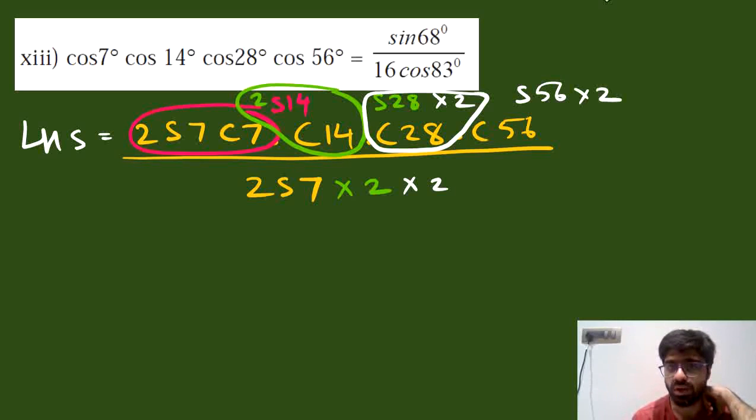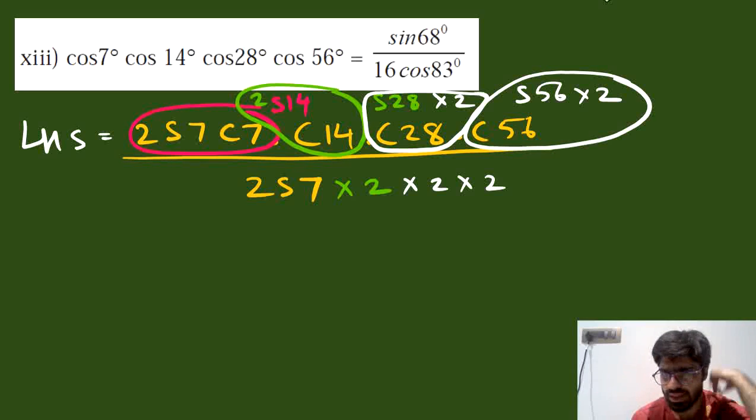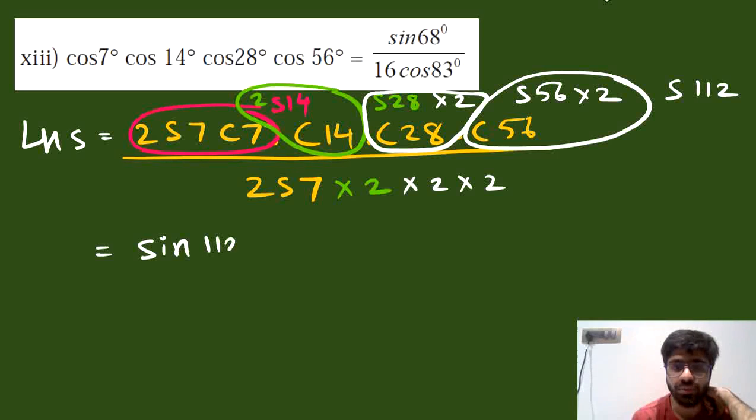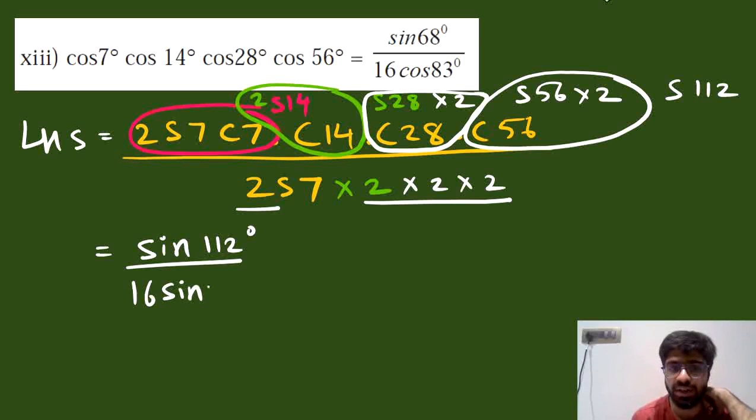Bring yet another 2 here and a 2 here. So that would make it 2 sine 56 cos 56, which is basically equal to sine of 112 degrees. So finally we have sine of 112 degrees divided by 16 sine 7 degrees.